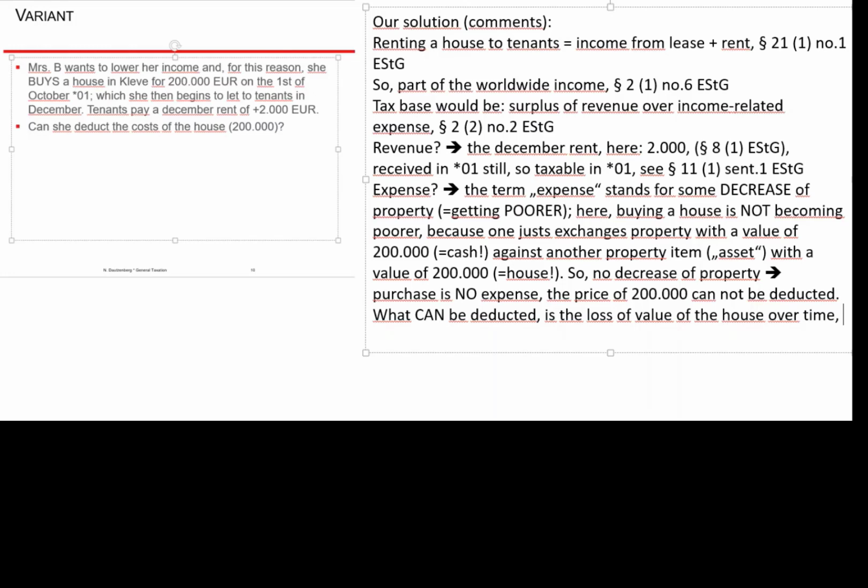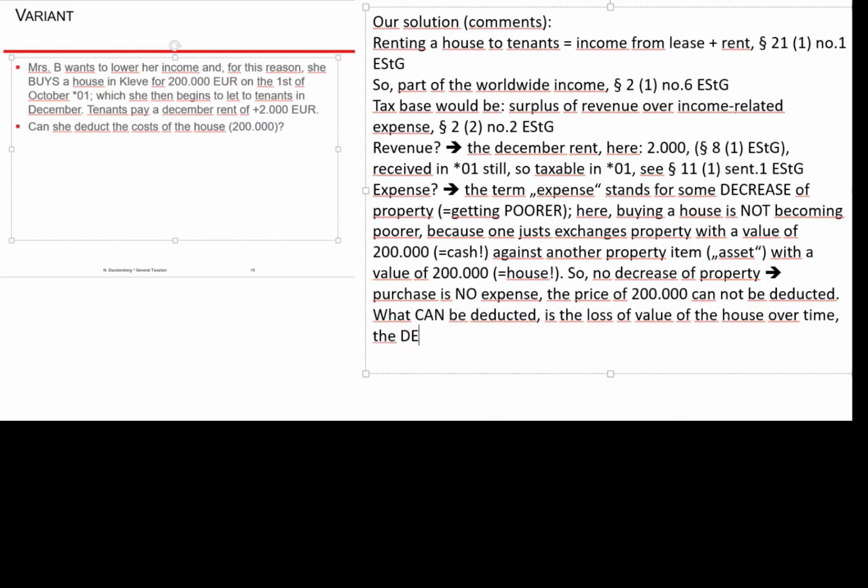The deduction of the complete amount only at the end would be wrong because it has already lost nearly all its value shortly before. And so the most adequate solution is distributing the loss of value equally over time according to some methodical approach or idea.